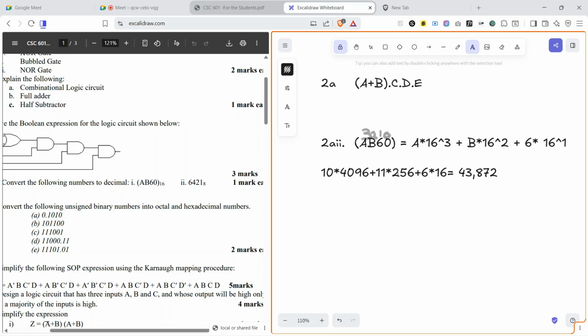So the same process for the second one. I is 6421 base 8.